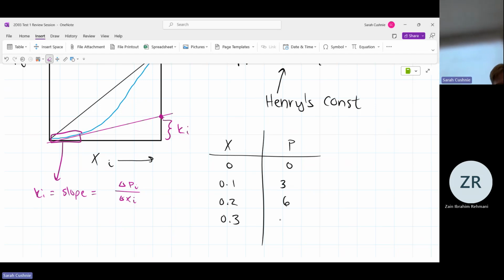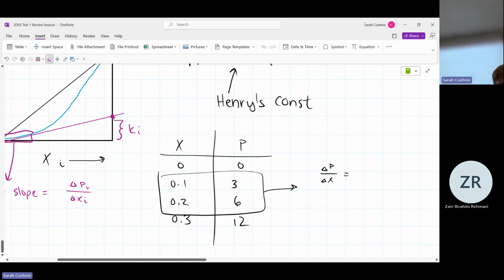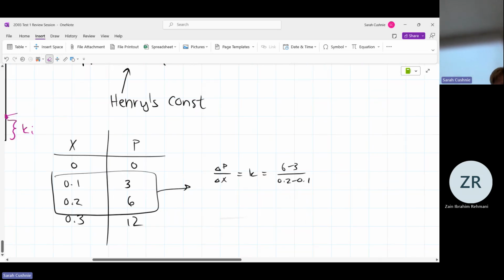We can look at it and take the lowest couple of values, within reason, and say delta p over delta x is equal to k, which is equal to 6 minus 3 over 0.2 minus 0.1, which would give you 30.